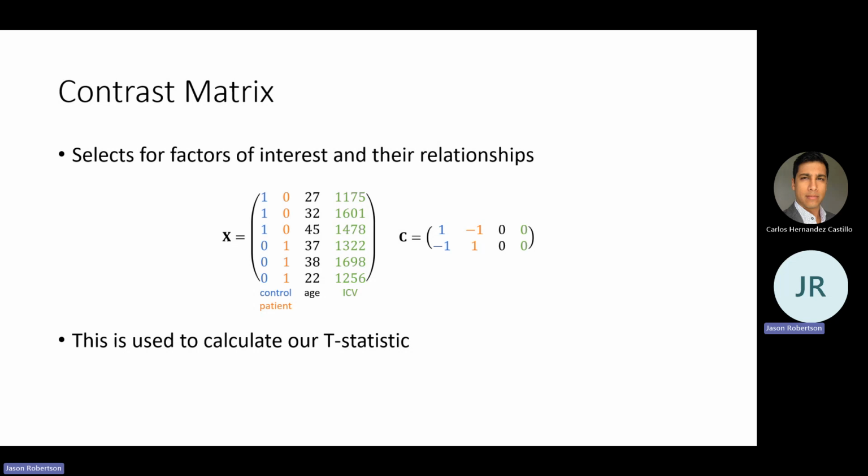In this case, there are 4 columns, but the zeros mean that the age and the ICD are controlled. So what you are doing is taking these variables and regressing them out from the comparison.